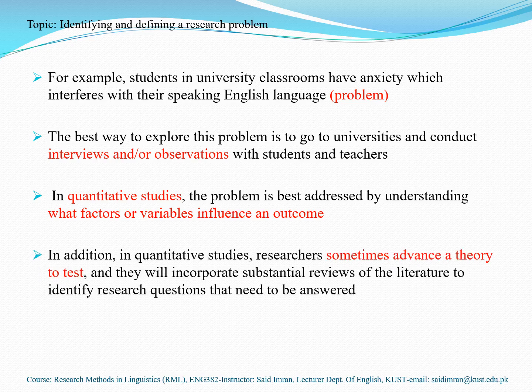Moreover, as far as quantitative studies are concerned, researchers sometimes advance a theory to test, and they will incorporate a substantial review of the literature to identify research questions that need to be answered.